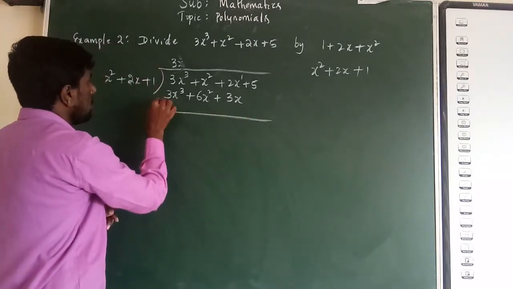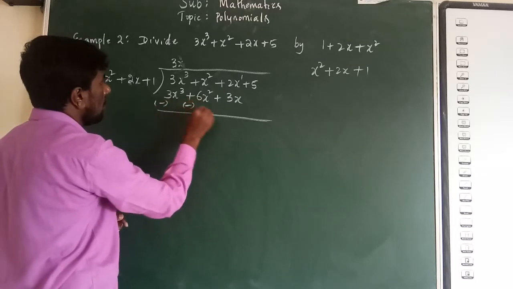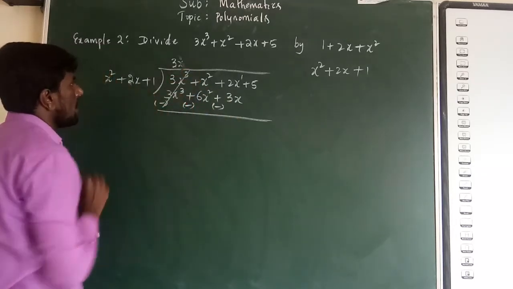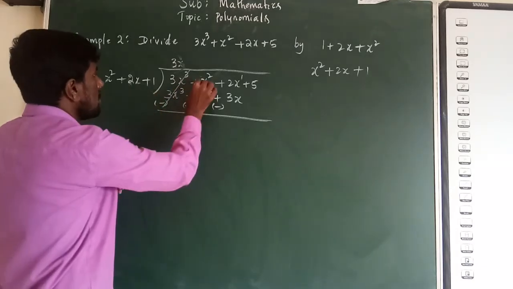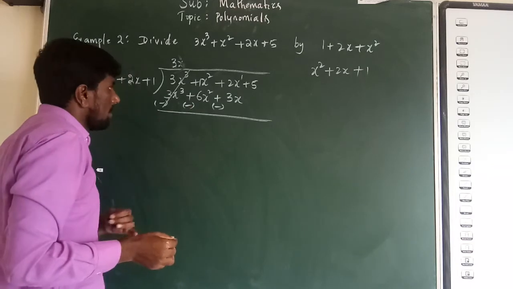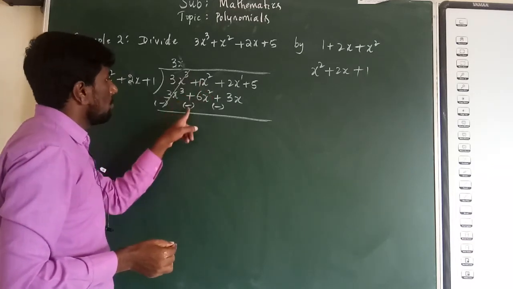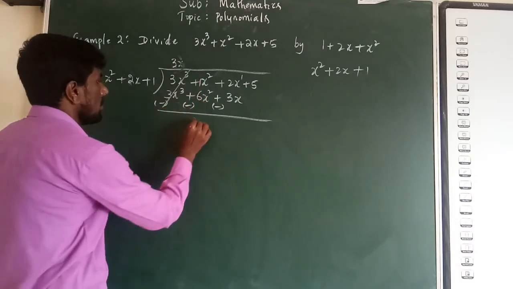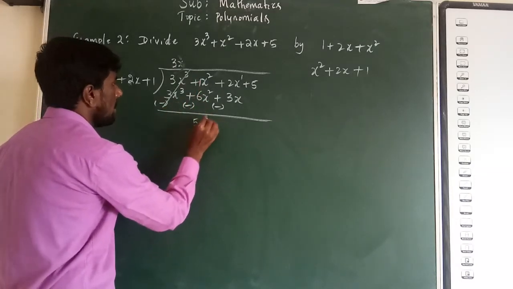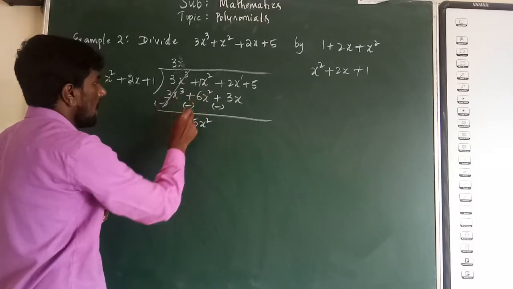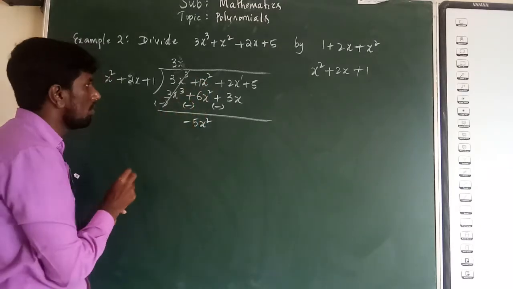Okay. Now draw the line, change the sign. Now 3x cubic minus 3x cubic gets cancelled. Then 1x square minus 6x square: 1 minus 6, I need to subtract, if I subtract 1 from 6 it will become 5x square. 6 is the higher value, and before the 6 I have a negative sign, so it is minus 5x square.